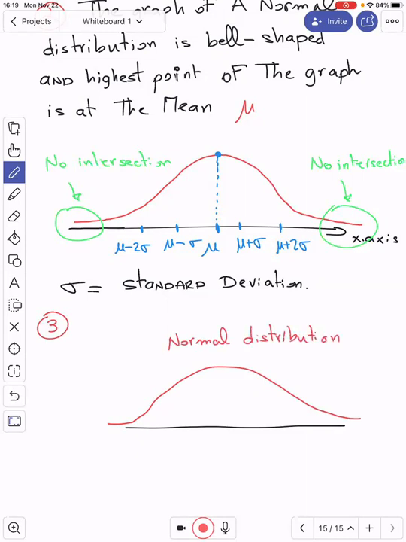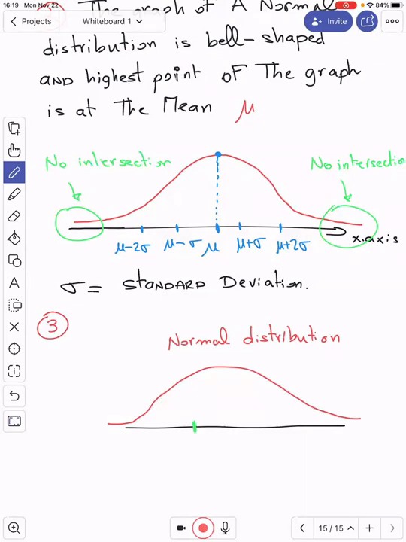What you need to understand, guys, is the area. Let's say this is your x here, and we have some number here.